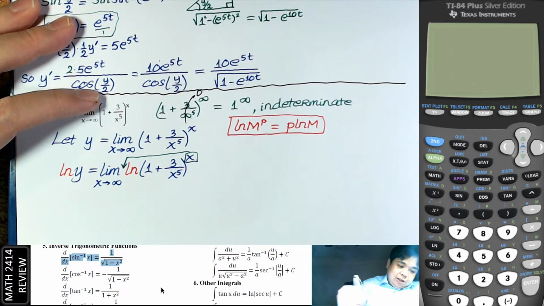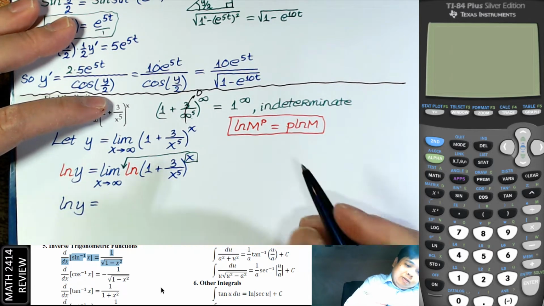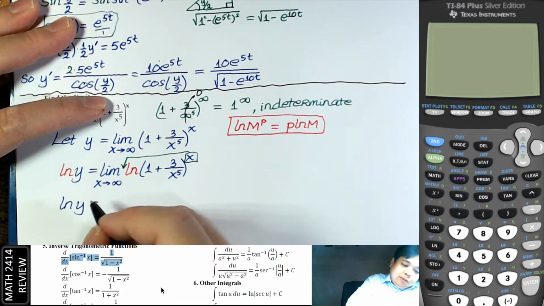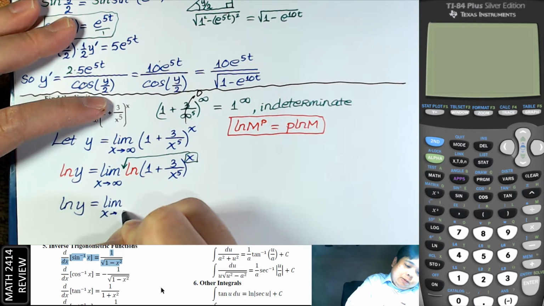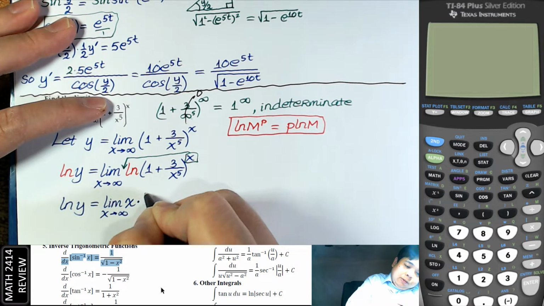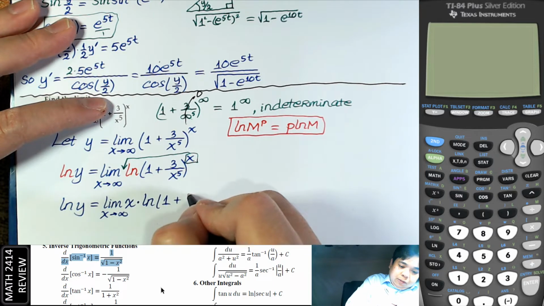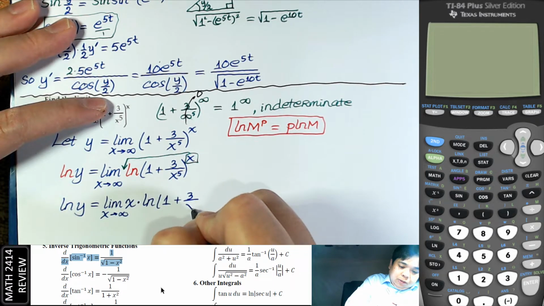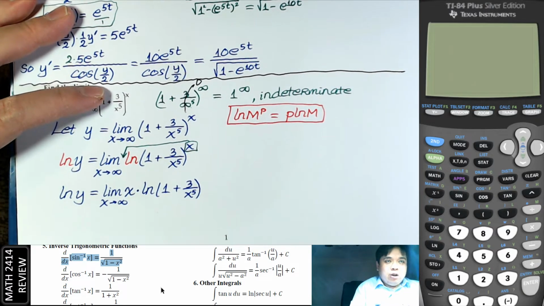Right, so we take the x outside as a coefficient.